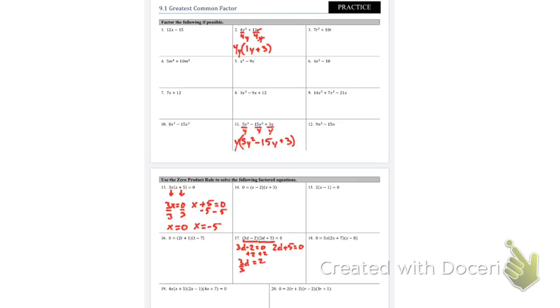And then divide by 3. D equals 2/3. Same over here, subtract 5. We have 2d equals negative 5. Divide by 2. And we have d equals 5 over 2.